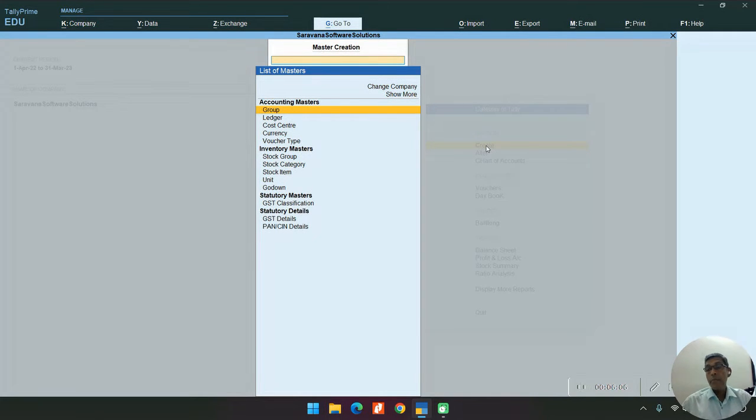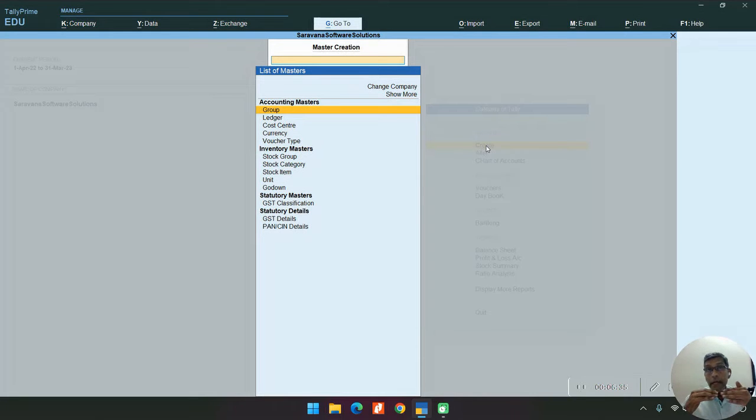Now let us see one by one what is inside. Group. You look at the word group. It is the grouping of similar ledger accounts. Broadly, we categorize into four. One is called assets, the second is liabilities, the third is expenses, and the last is revenues.